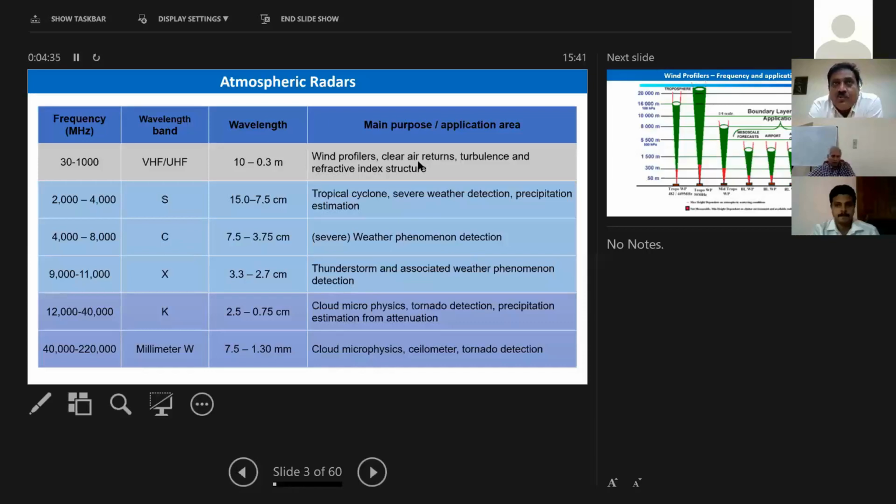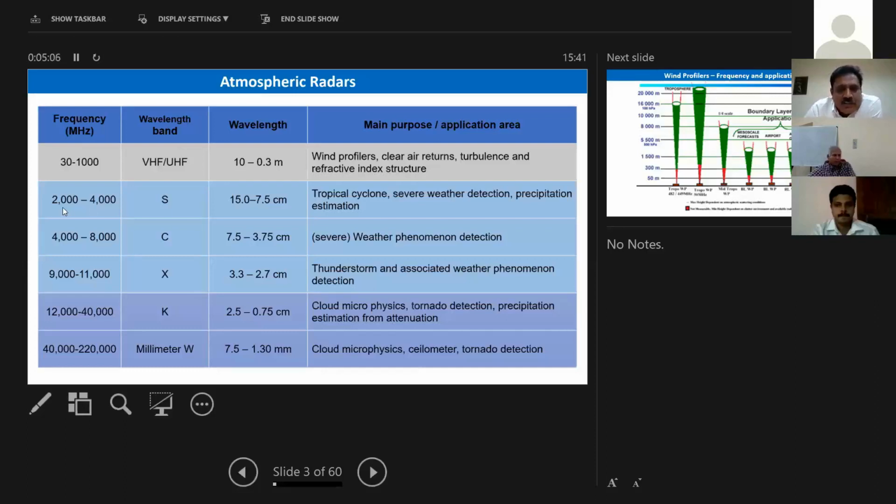Basically, it is used to get the wind field and to understand turbulent processes. Because we continuously get the wind profile, we can study the waves and associated dynamics. Radars operating in this frequency band are called clear air radars, ST-MST radars, or wind profilers.